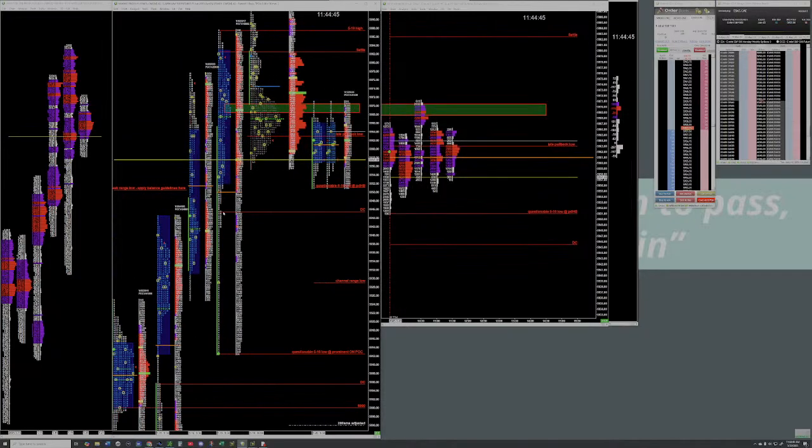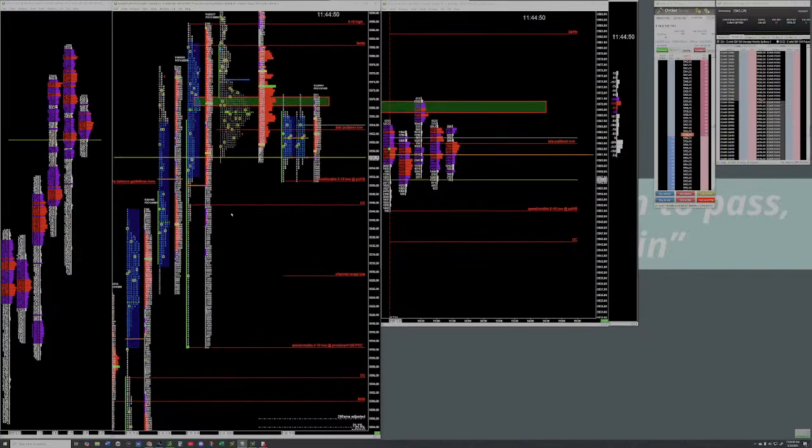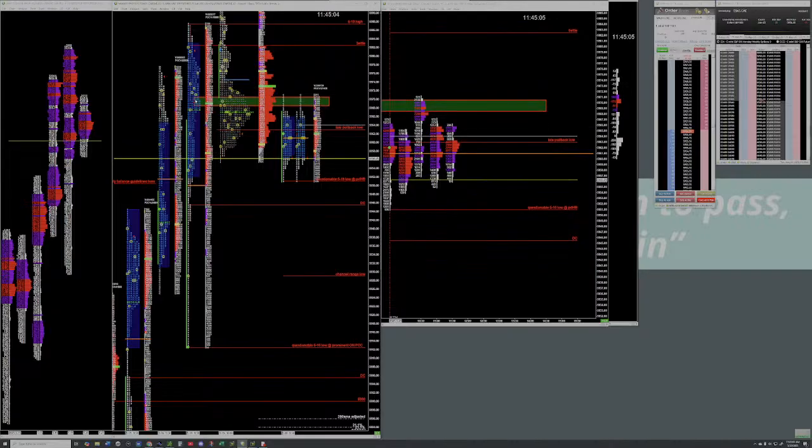On the lower side we have this distribution, closing the distribution here. We have a very questionable low down here. And this area from yesterday is being used as basically resistance now for today's action.